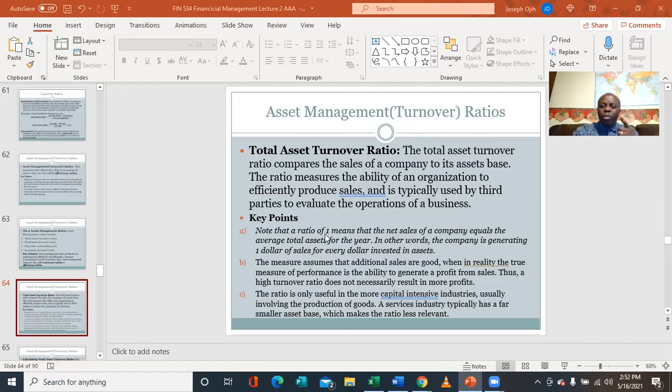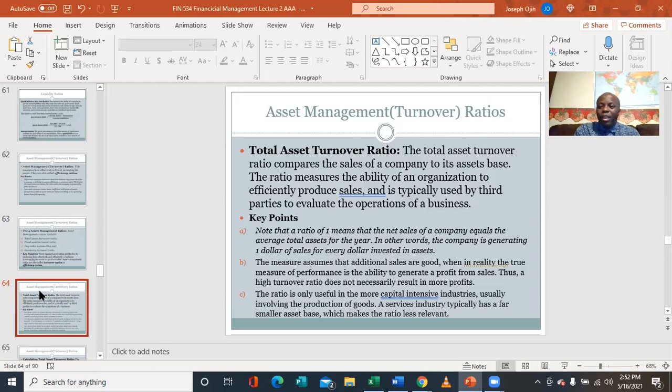If the answer is 1, that means the company is generating sales equal to its average total assets. Usually, a ratio that is bigger than 1 is better. It's best, actually.